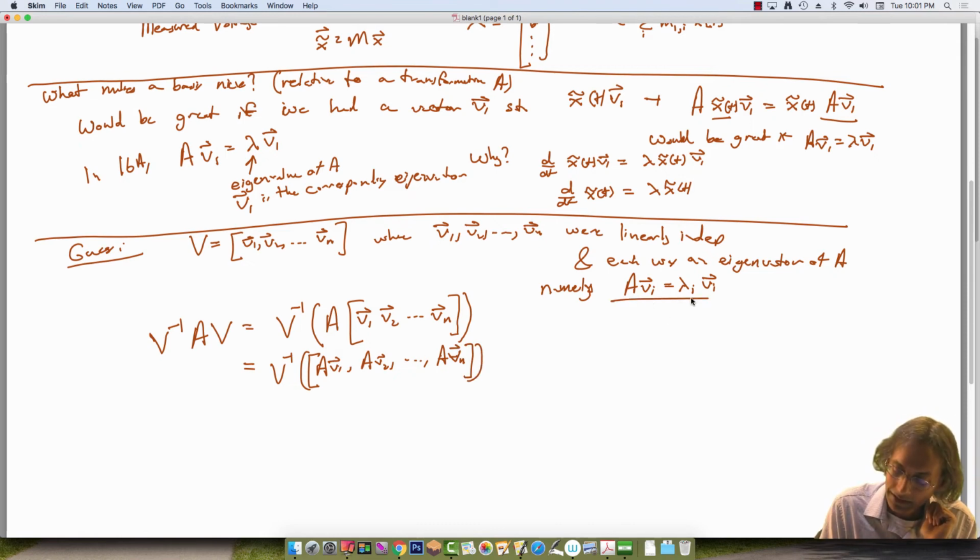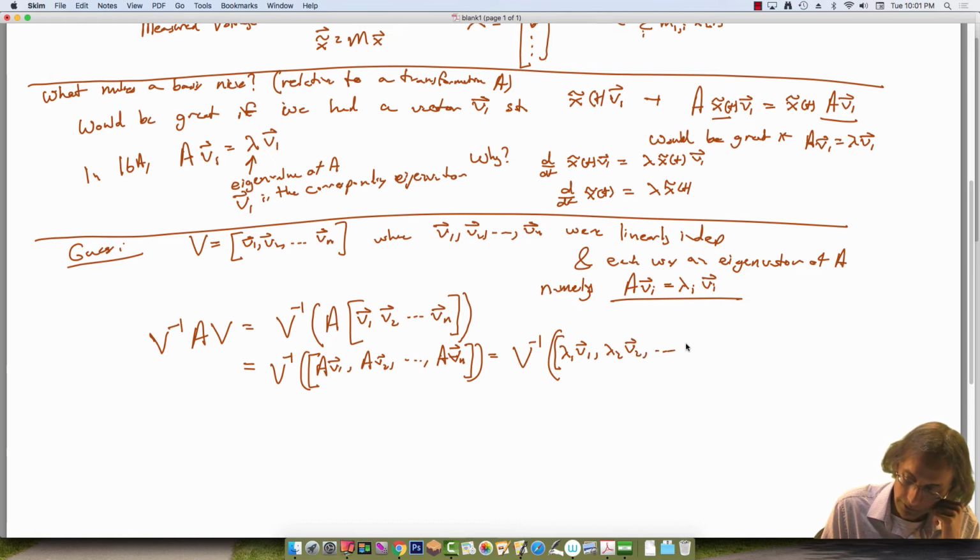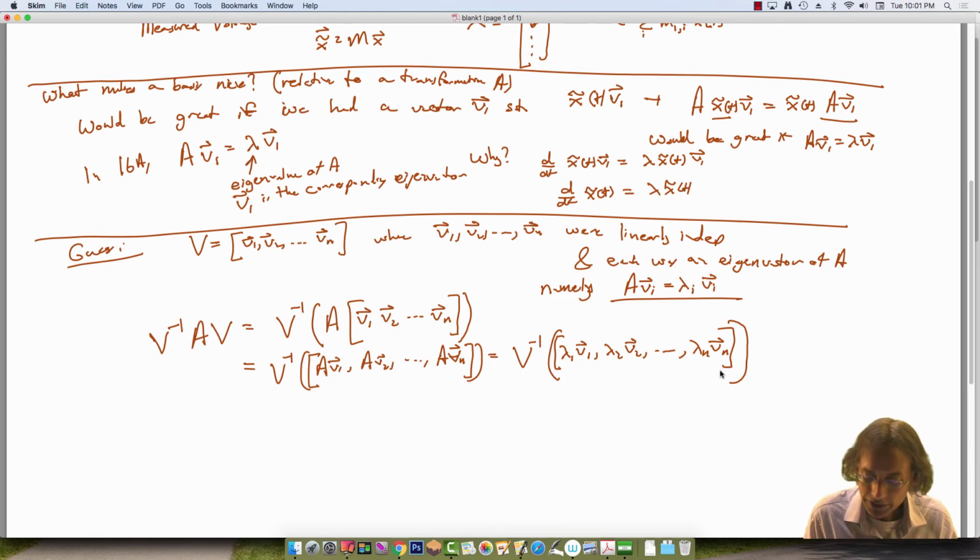But we said that each of these v's is an eigenvector. So this is just equal to V inverse times the matrix lambda 1 v1, lambda 2 v2, all the way up to lambda n vn. So far, so good. So now, what happens next? We want to understand what is V inverse times these.